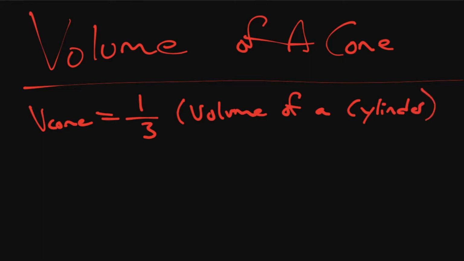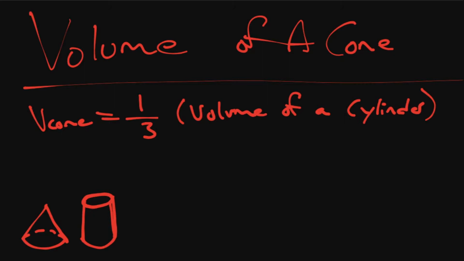Now, what does this mean? Everyone knows that a cone is shaped like that, right? And a cylinder is shaped like that, more or less.